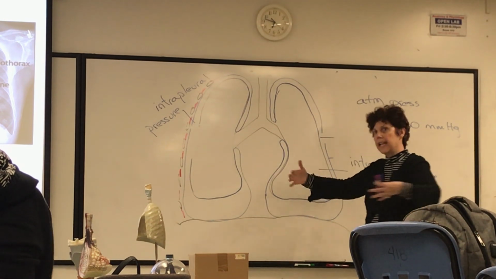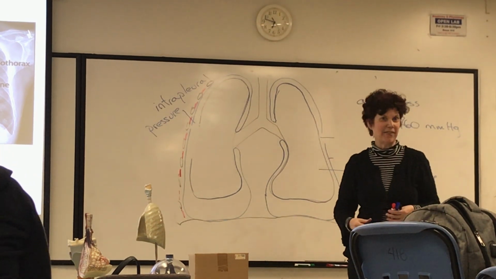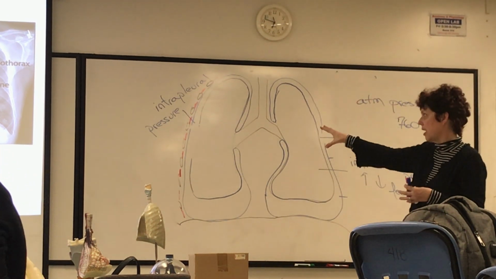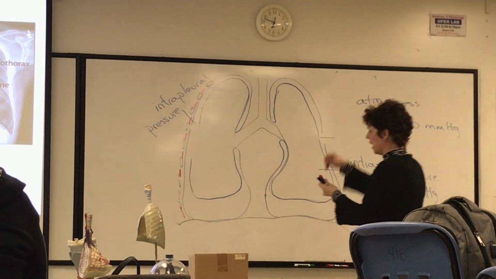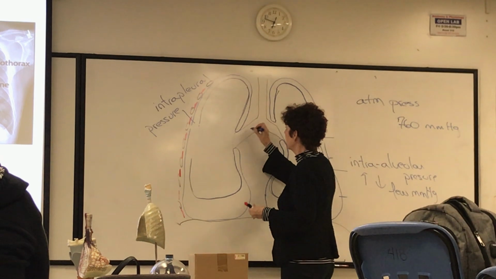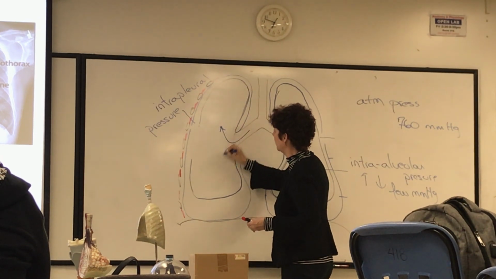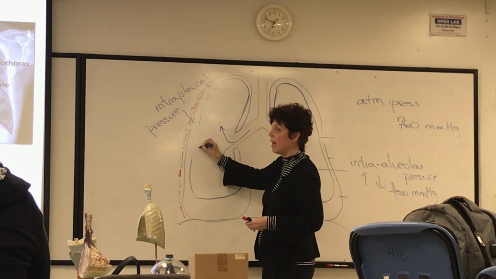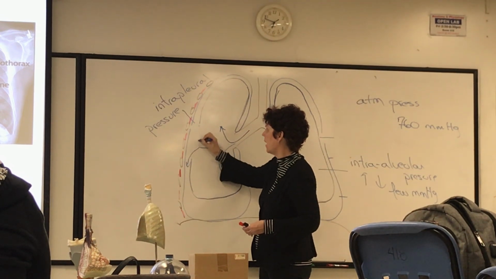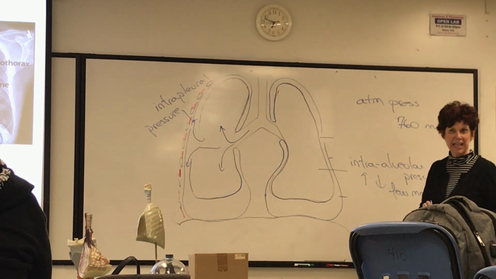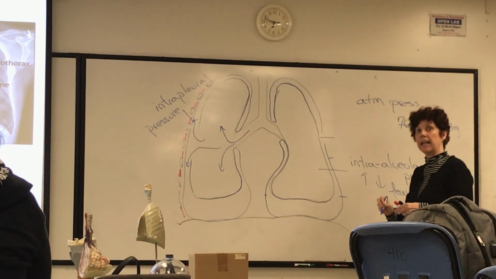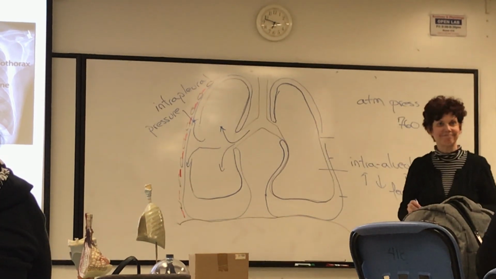So now when you increase your thoracic cavity, and intraalveolar pressure drops, and air moves into the lungs, all right? It's going to move into the alveoli at lower pressure, but now it's also going to have access to the pleural cavity, okay? So now, can we get rid of it when you breathe out?